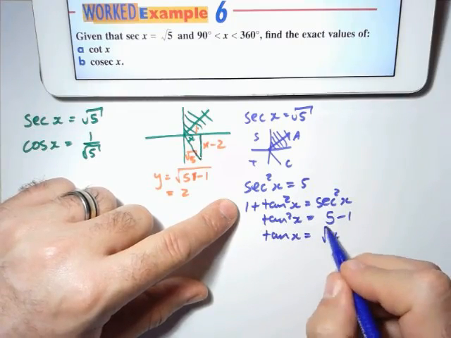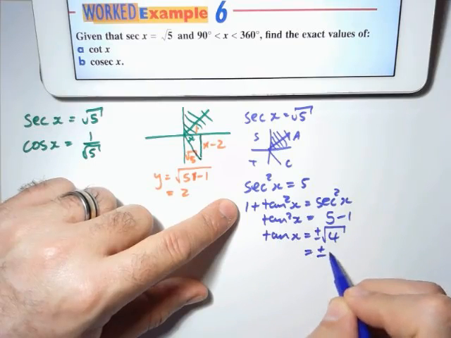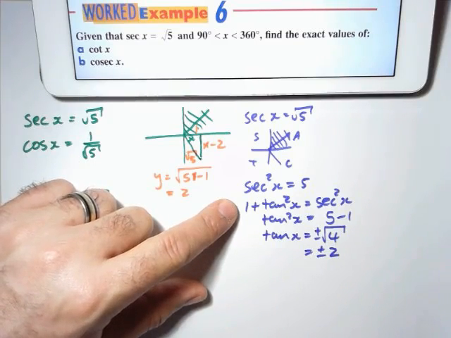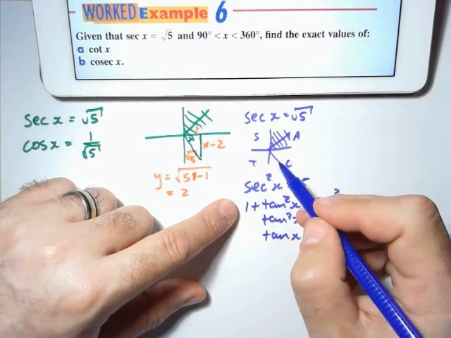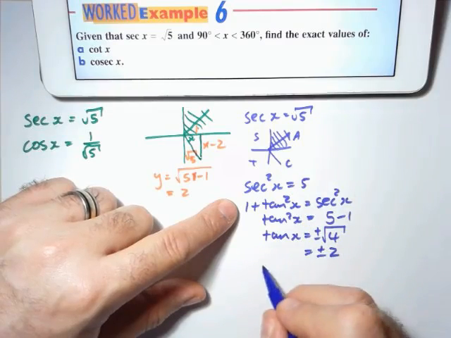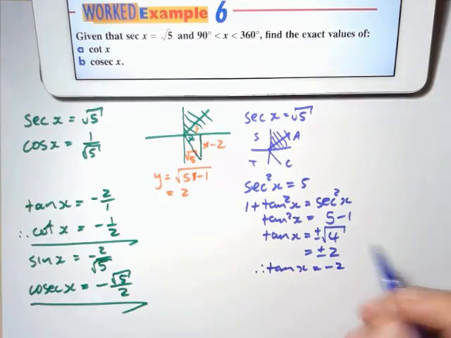If I take the square root as plus minus, tan x is plus or minus 2. But tan is negative in my fourth quadrant, therefore tan x equals negative 2.